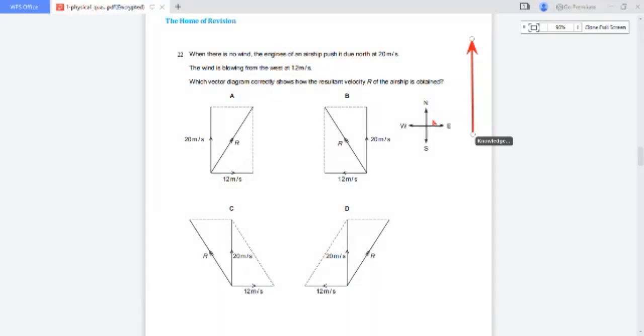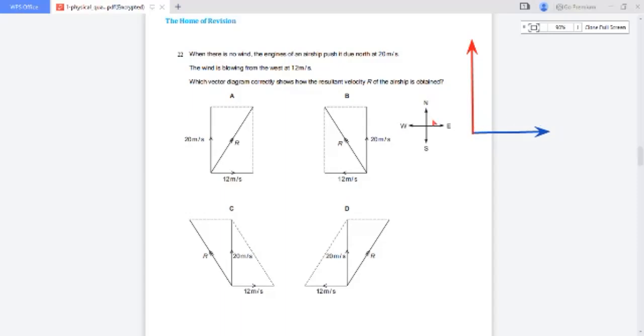The wind is blowing from the west at 12 meters per second, so it would be something like that. From the west means it is going in an eastward direction, not towards the west, but coming from the west. So it is 12 meters per second, which is here.